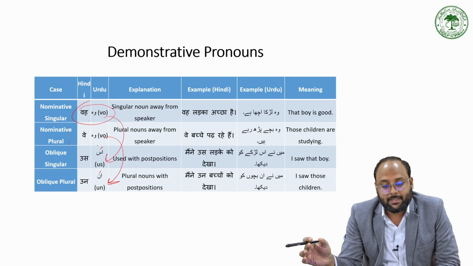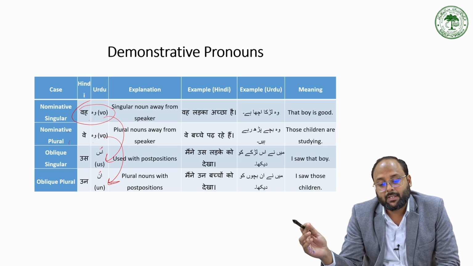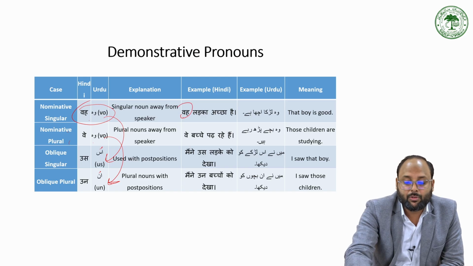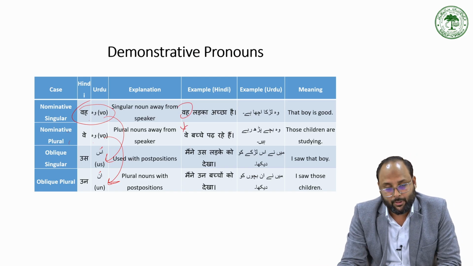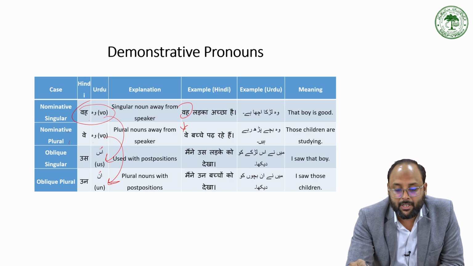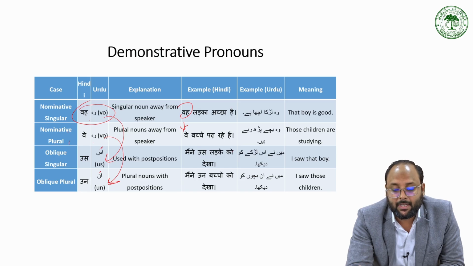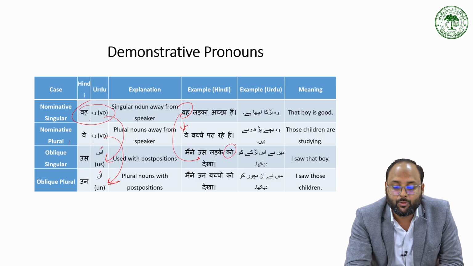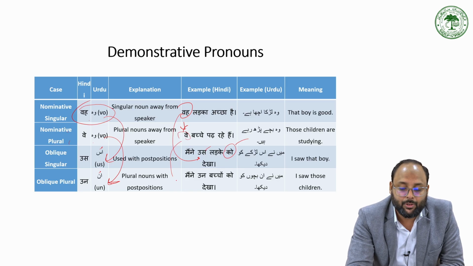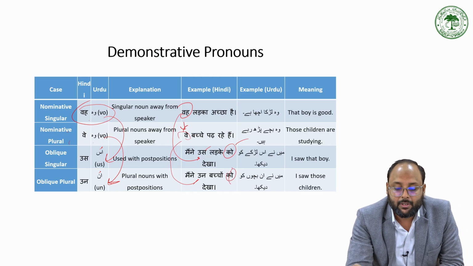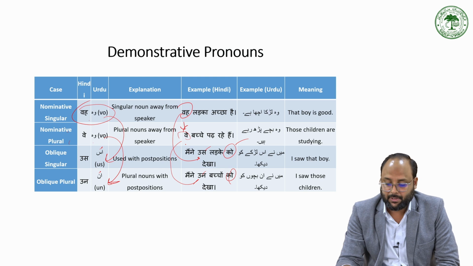Like वो लड़का अच्छा है, वे बच्चे पढ़ रहे हैं. So that is wo changing into we in the plural. And now मैंने उस लड़के को देखा, that is wo changing into us because of the postposition, so that is the oblique form. And वे changes into un because of this postposition, so that is the oblique form of the plural we.